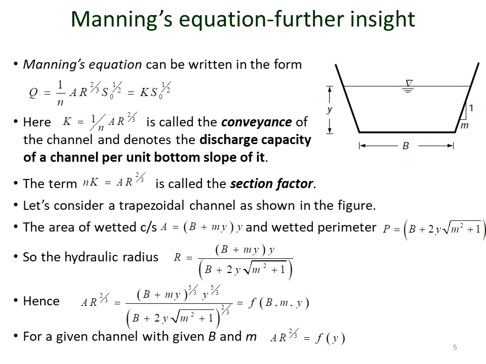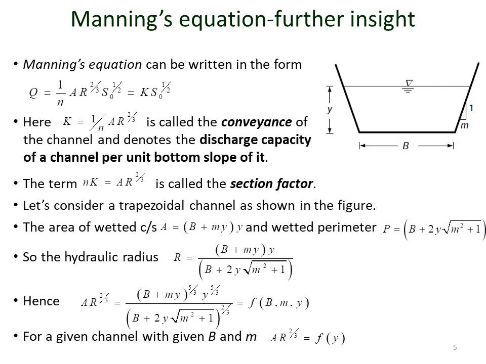And looking at the equation, we can say that the coefficient K denotes the discharge capacity of a channel per unit bottom slope of it. So if S0 is 1, K equals Q, and so it actually represents the discharge capacity of a channel essentially.